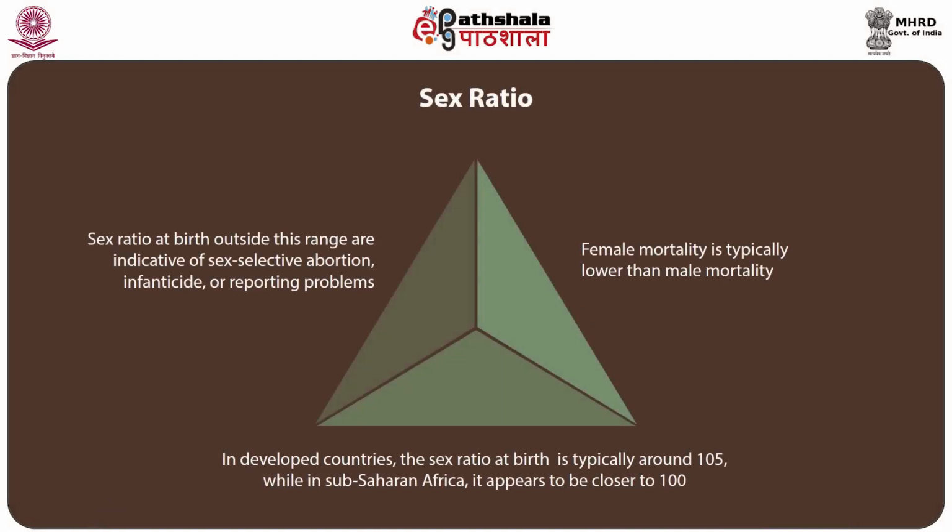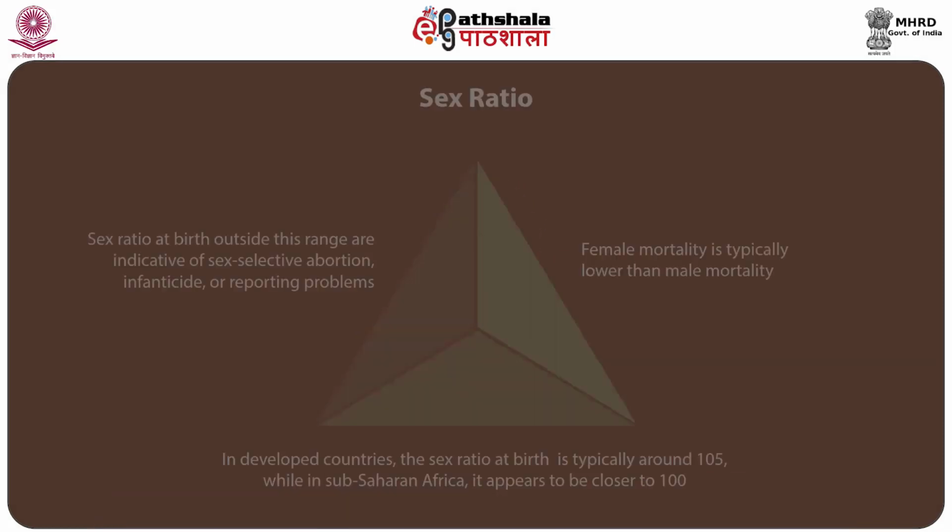There are exceptions because of continued sex selective abortions in some South Asian countries or even some East Asian countries. Otherwise, in general, the sex ratio at birth is in the vicinity of 105 males per 100 females. In sub-Saharan Africa it is closer to 100, but otherwise the sex ratio can be used as a good indicator to understand how far female births are undercounted.